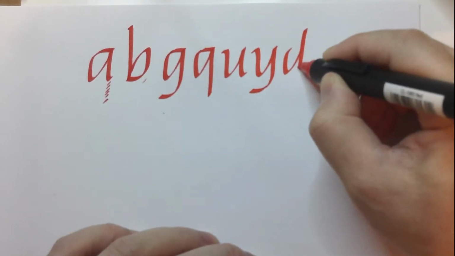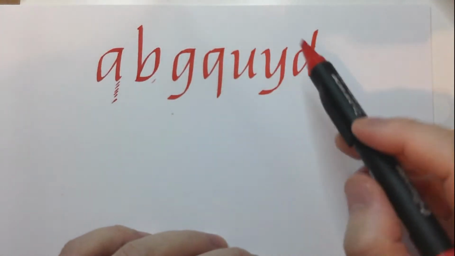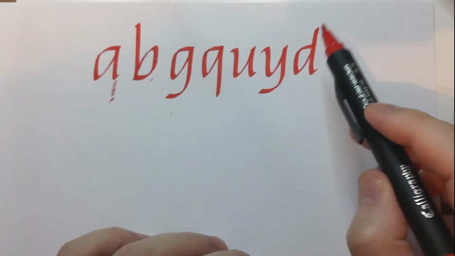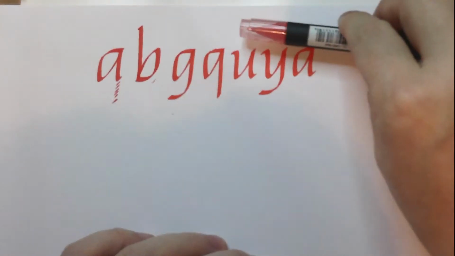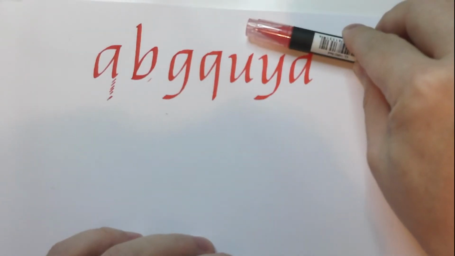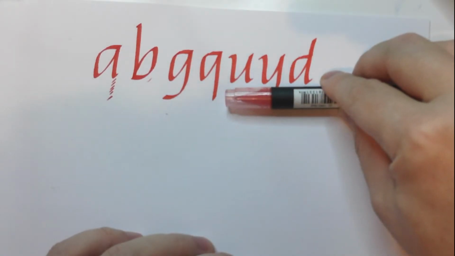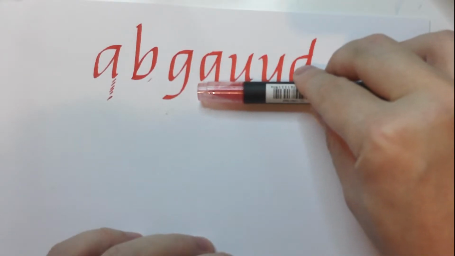These letters are part of the same family because they share the same body. For example, if you ignore the ascender of the D, you can see that it looks like the A. In a similar manner, if you ignore the descender of the Y, it looks like the A, the Q also.